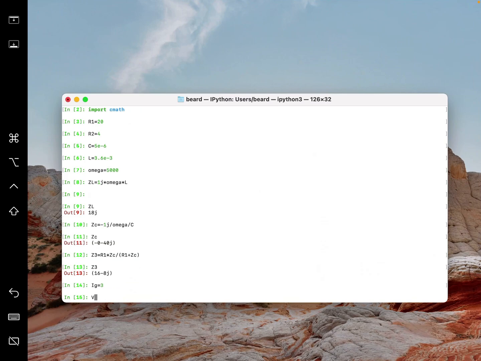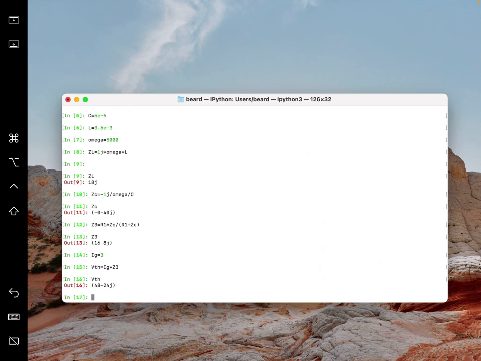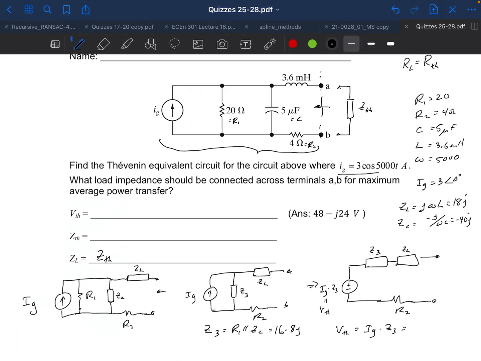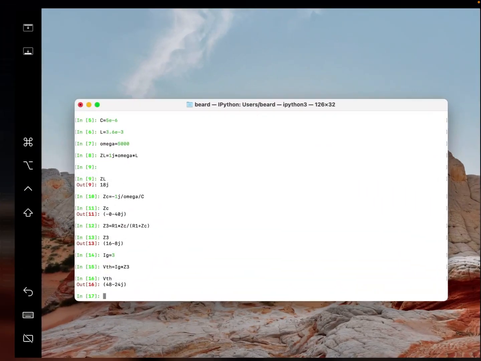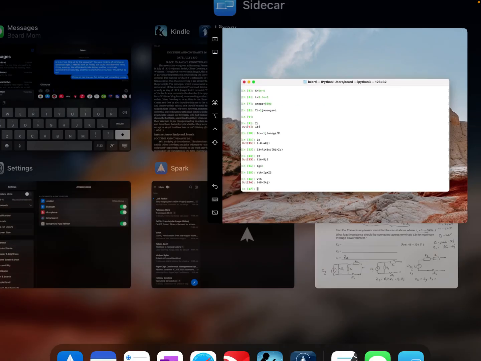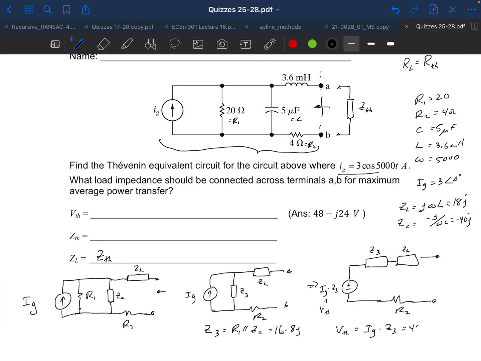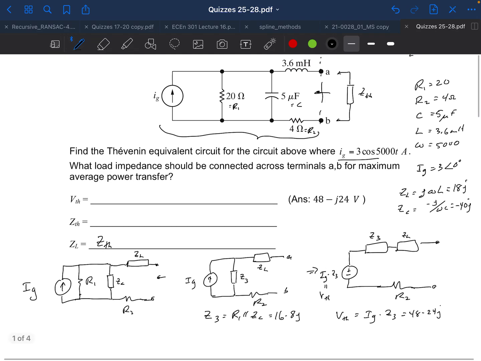And so my Thevenin voltage is going to be IG times Z3. So VTH is 48 minus 24J. We'll convert that into phasors here in just a minute.